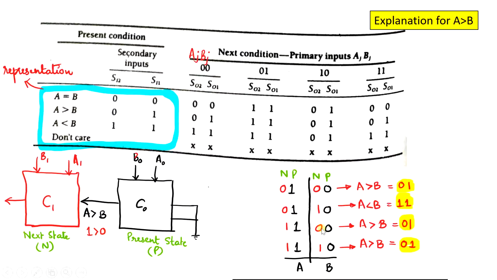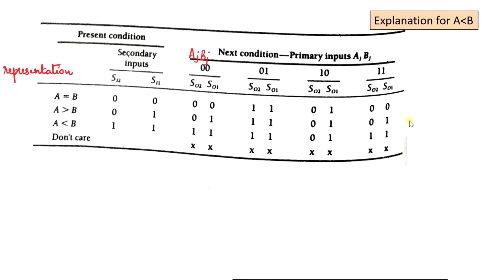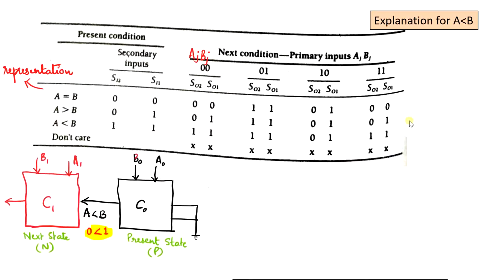So the same thing, whatever is specified in yellow, that is the encoded data, has been highlighted on the table. So moving on to the last condition, the last row of the table, which is A less than B. Again, I'm considering the table and the present state and the next state.